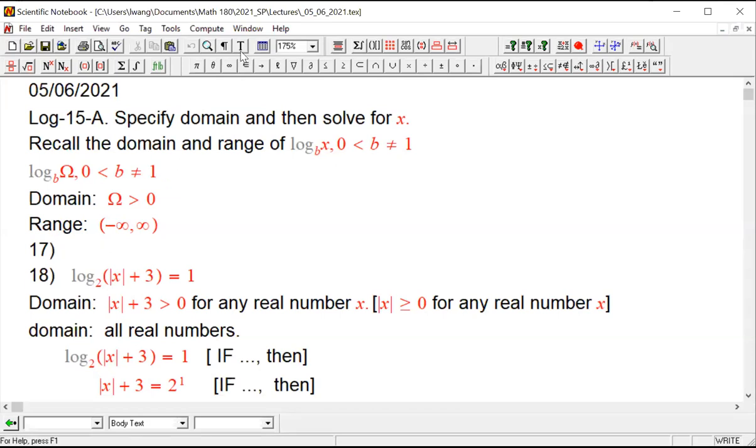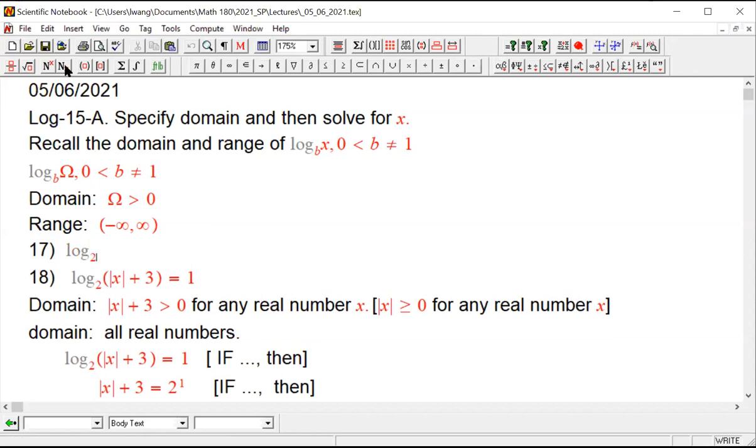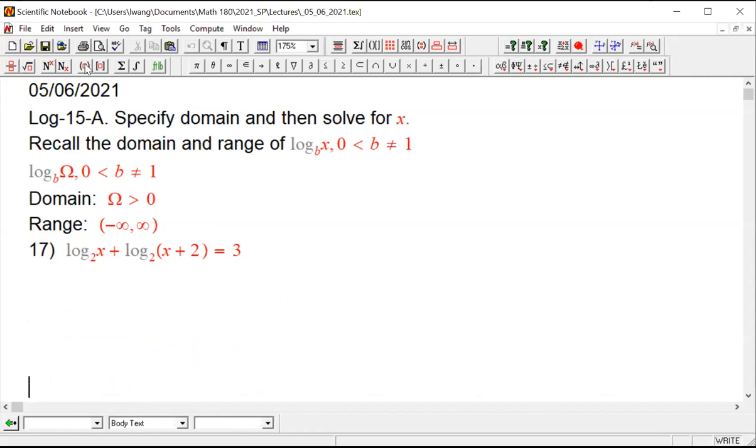You're gonna do the 3 parts. Log base 2 of x plus log base 2 of x plus 2 equals 3.